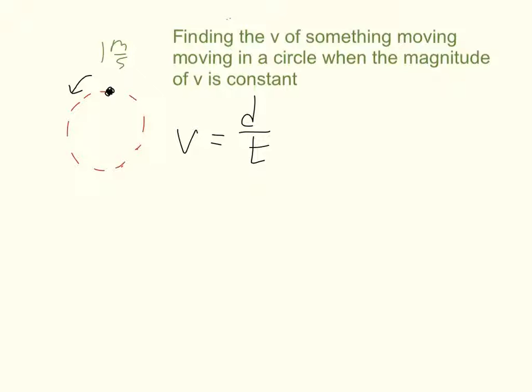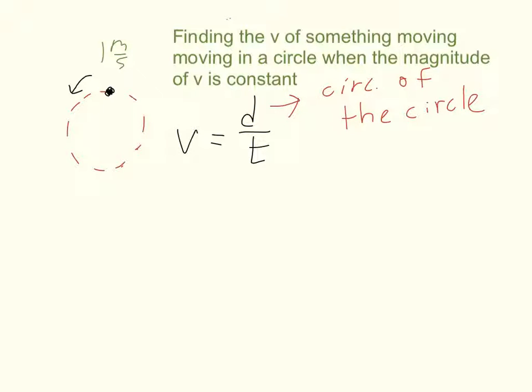Now, if we look at the circle, I am tracing out a very specific path that the object would be traveling. This is the outside of the circular path, also known as the circumference. So in circular motion, if we want to find the velocity of an object, the distance will be the circumference of the path, or the circle.